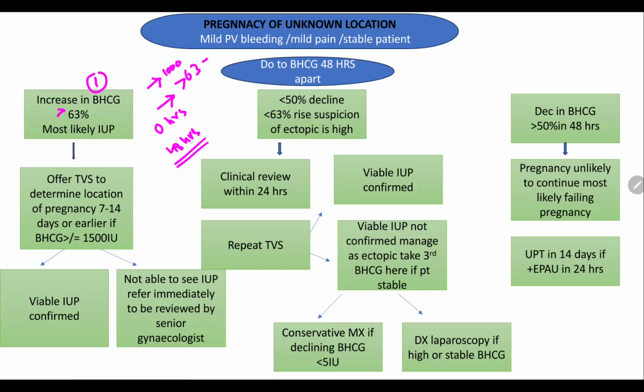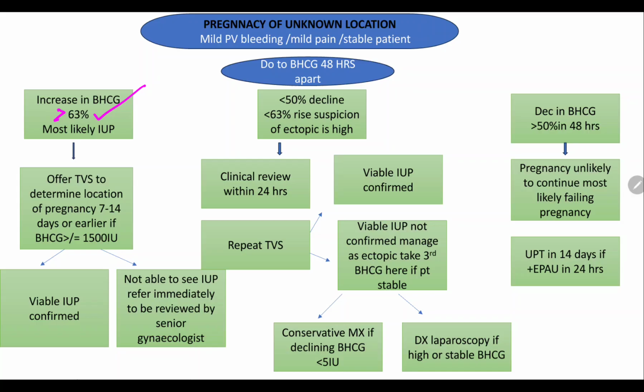Subtract the lowest from the highest, divide by the highest, and multiply by 100. In this way you will get the percentage of incline or decline. Now, if the rise is more than 63%, this is most likely an intrauterine pregnancy.